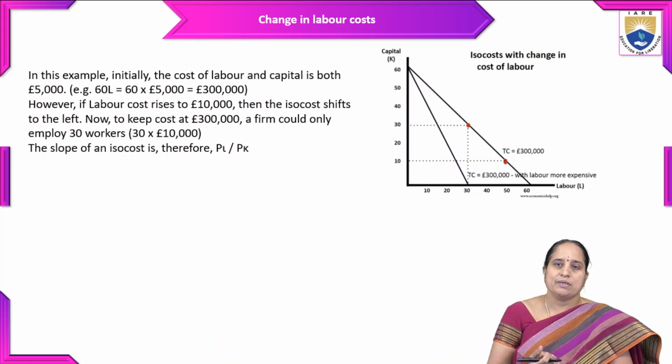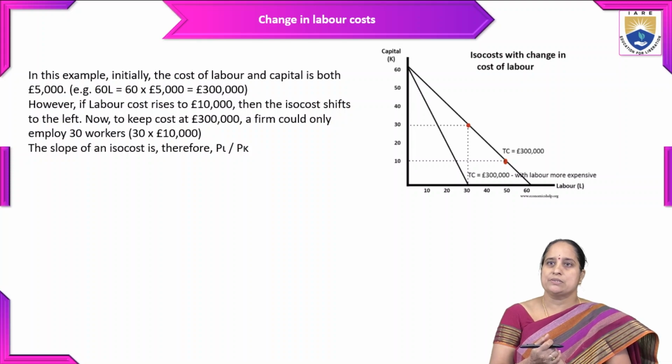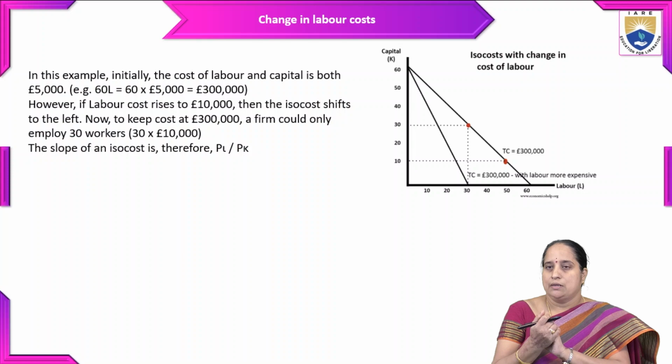Then, change in labor cost. If you see this graph, initially the cost of labor and capital both is 5,000 pounds because we have taken 60 labor and 60 capital. So if you multiply 60 labor and 60 capital by 5,000, you get 300,000 pounds.